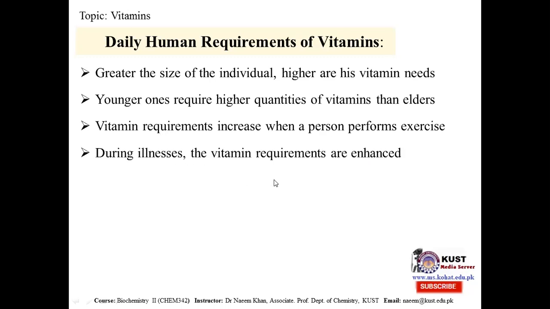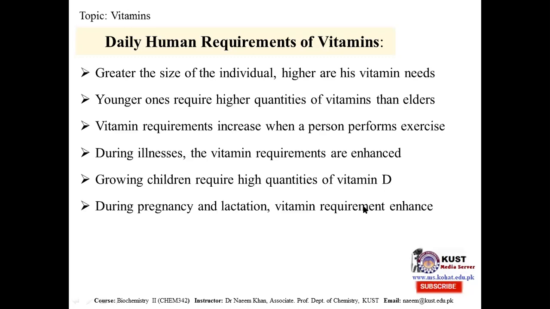During illness, the vitamin requirements are enhanced. When somebody is suffering from a disease, his vitamin requirement increases. Growing children require higher quantities of vitamin D. So specific vitamins are required for a specific stage of the individual. For example, in a growing child, there is more bone growth, so vitamin D is more required.